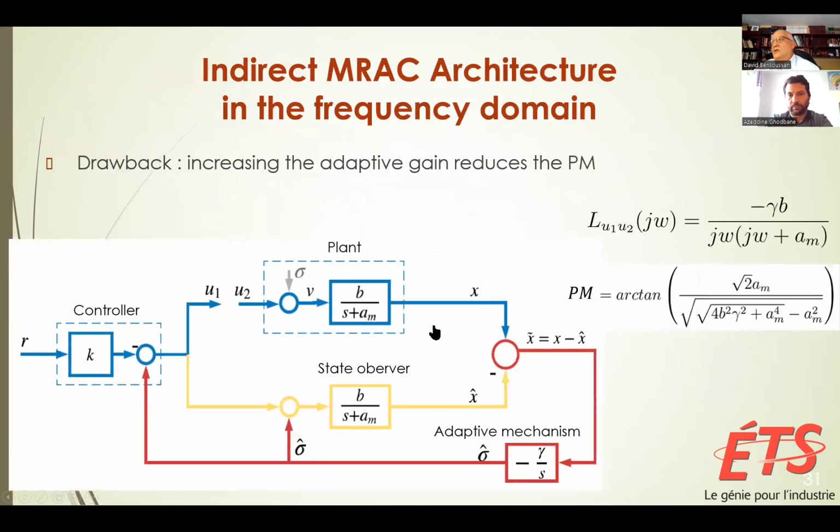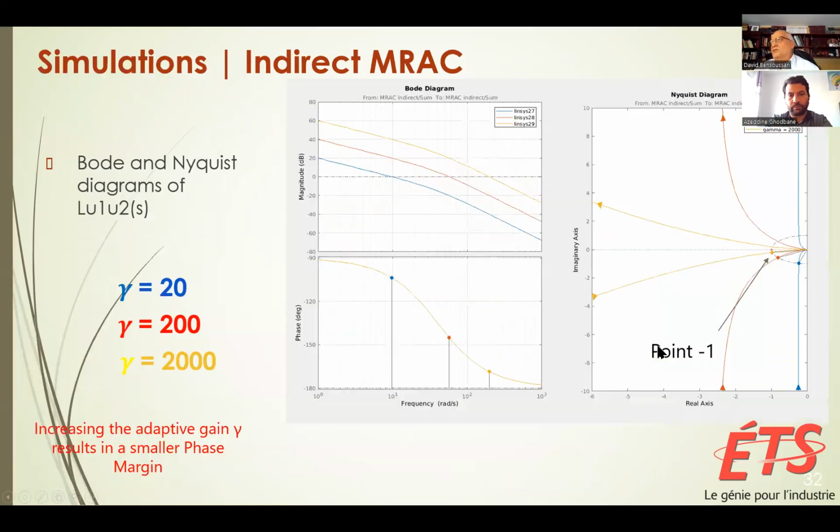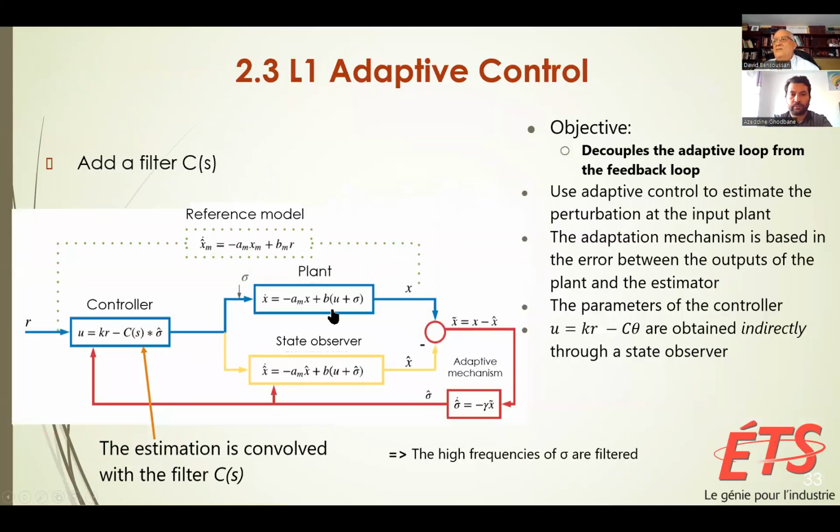In this case, we have a perturbed system, but we have a state observer. The only problem with this is that when you increase the gain, the phase margin is reduced. Now, L1 adaptive control adds a special filter.